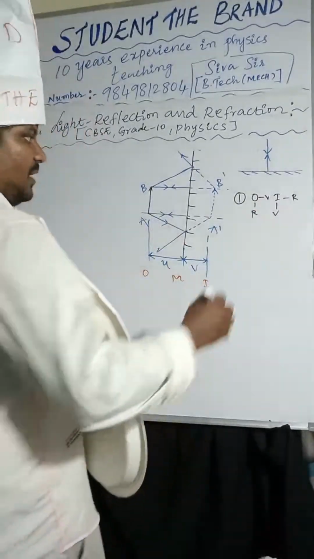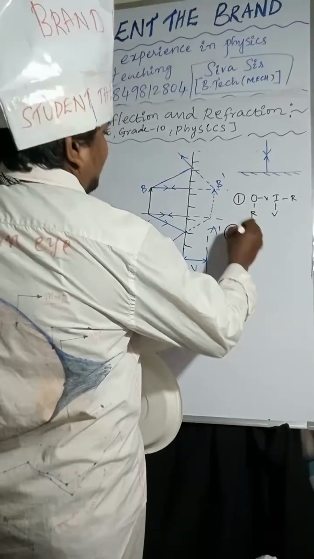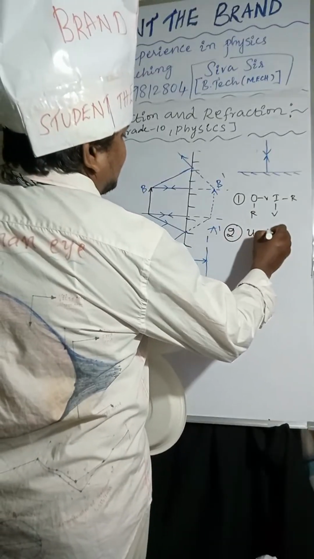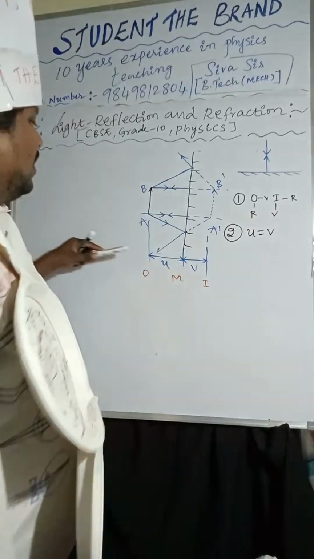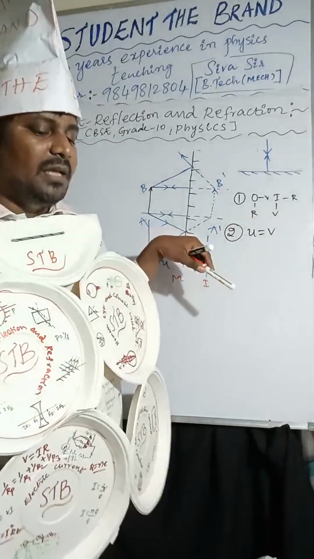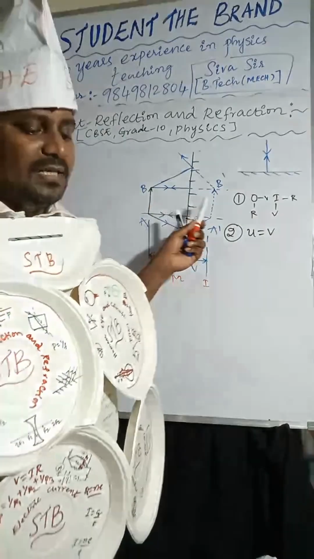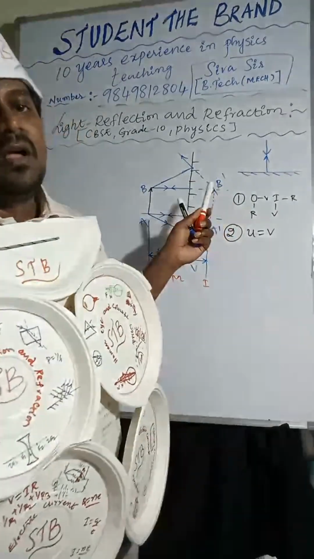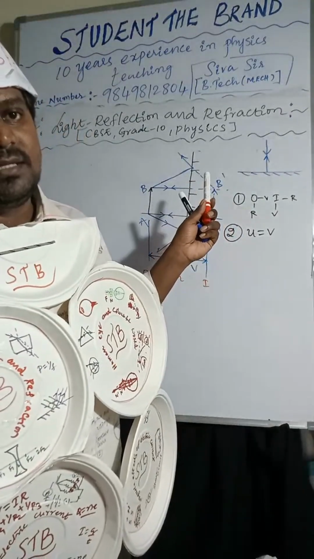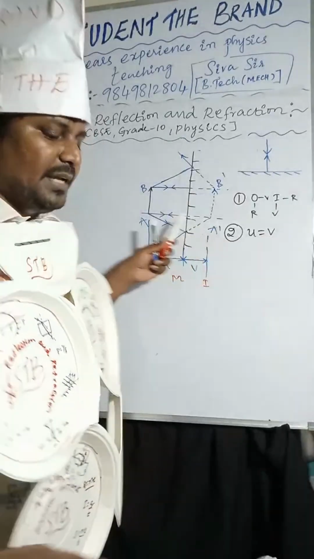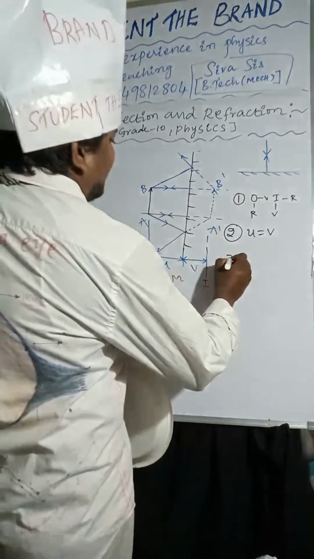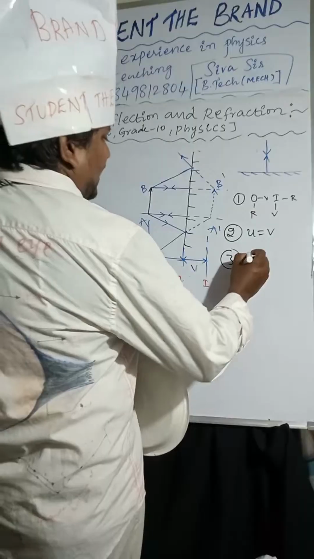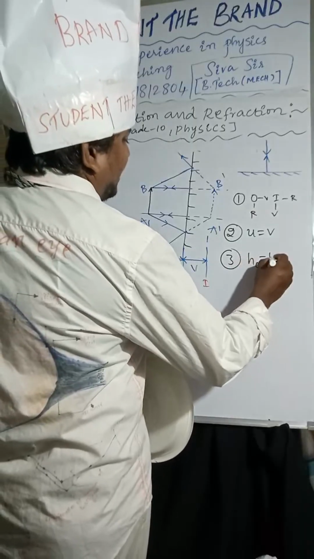Okay, so now we are going to the next one. Next, object distance is equal to image distance. And the third point: height of the object is equal to height of the image.